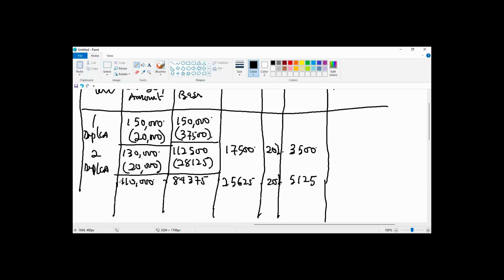So the closing balance of year 2 will be the opening balance in year 3. Depreciation, capital allowance. 20,000 was charged. We took 21,094. This will give me 90,000. 84,375 minus 21,094. What does it give us? 63,281.